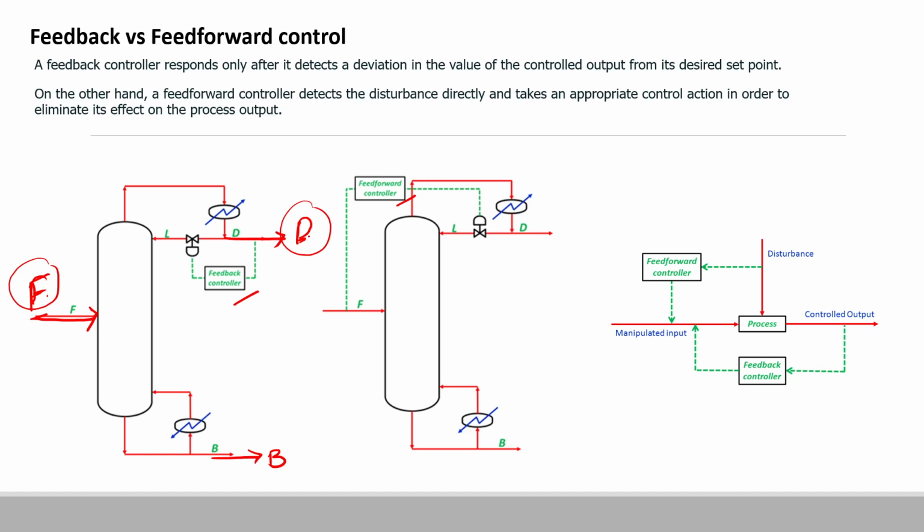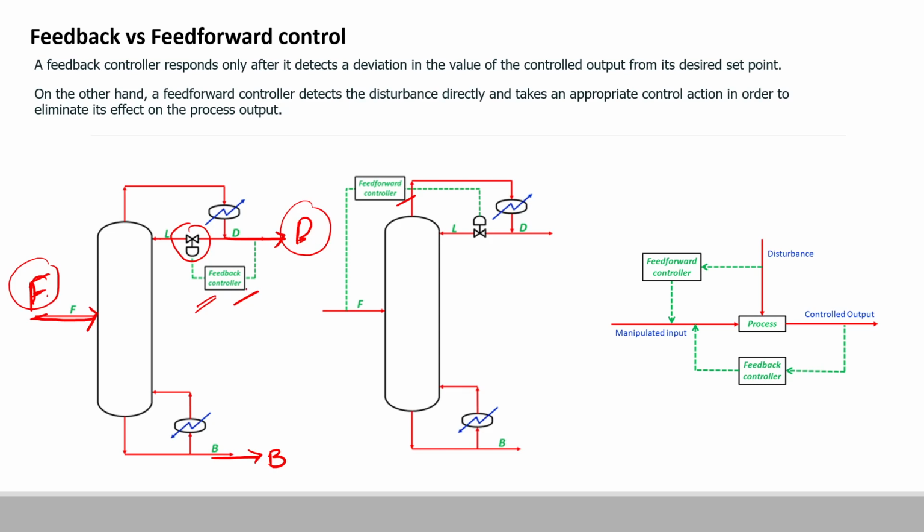On the basis of this distillate flow rate, we can use a controller, basically a control valve on the reflux into the distillation column, via which we can control the outlet flow rate. Such a system we call a feedback controller.